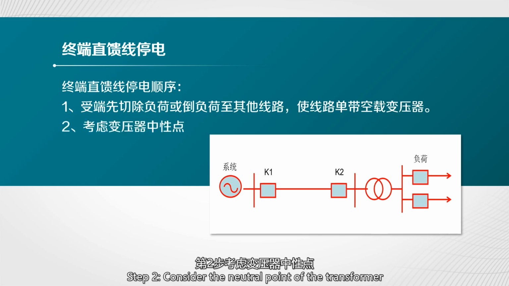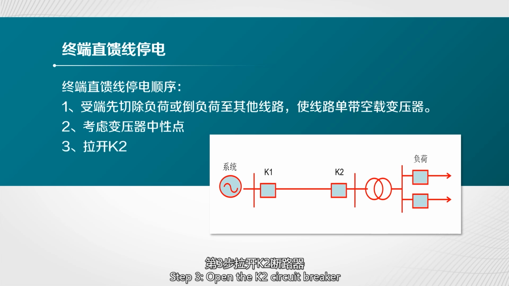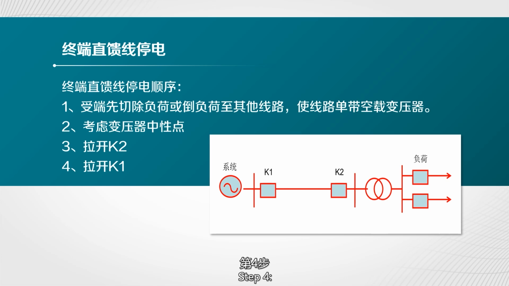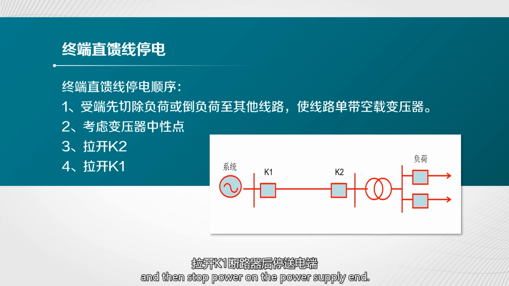Step 2. Consider the neutral point of the transformer to avoid overvoltage during operation. Step 3. Open the K2 circuit breaker and cut power on the receiving end first. Step 4. Open the K1 circuit breaker and then stop power on the power supply end.